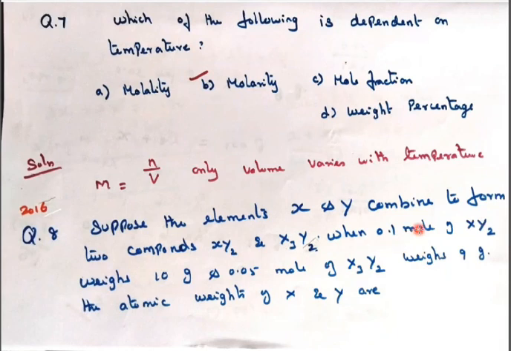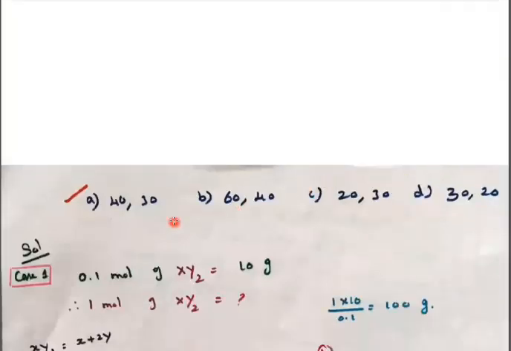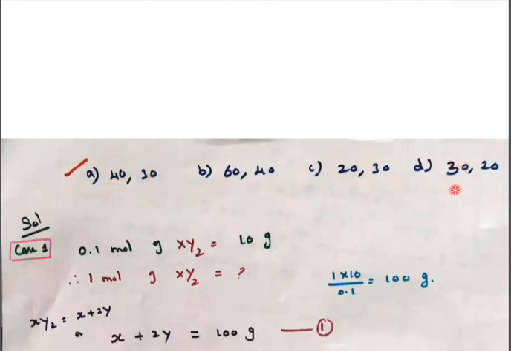We know the relationship between mole and weight: mass is equal to moles into molecular weight. Using the triangle formula, moles is equal to mass by molecular weight. Here the answers for X and Y values are given as options.